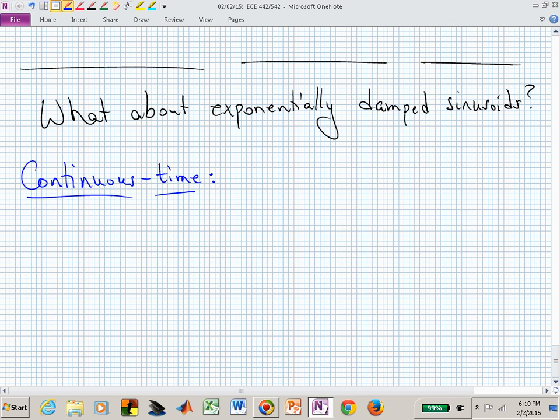And now I'm hoping that we already have some familiarity with this continuous time exponentially damped sinusoid. Suppose I say, let's look at x of t equaling e to the minus sigma t cosine omega sub d t, t greater than or equal to 0.